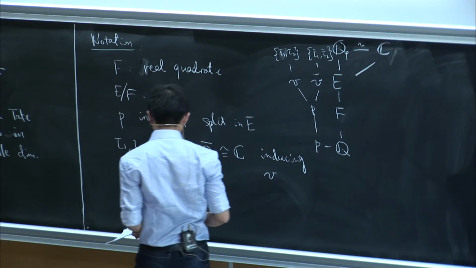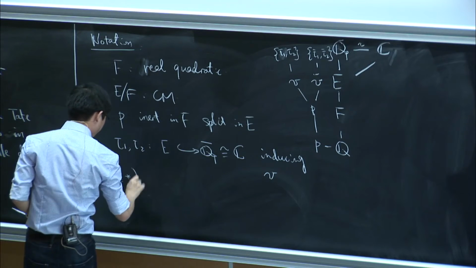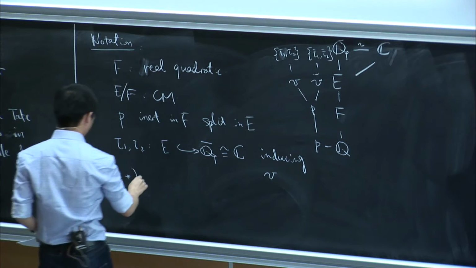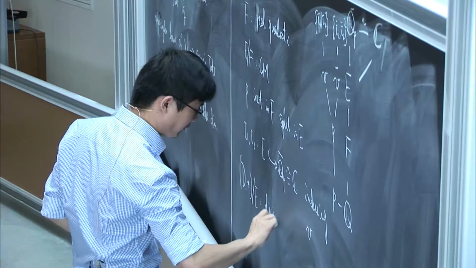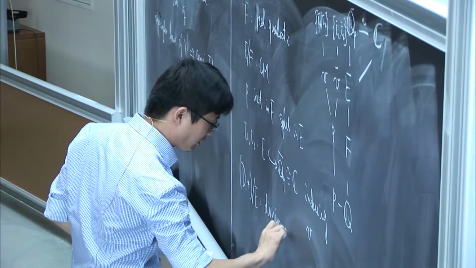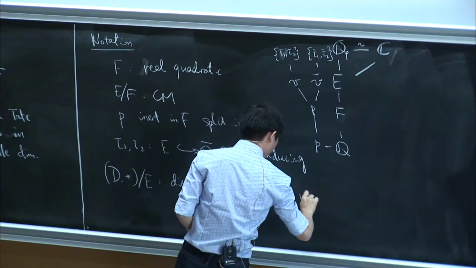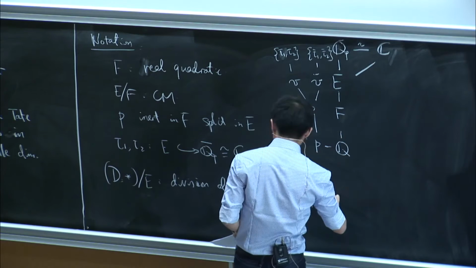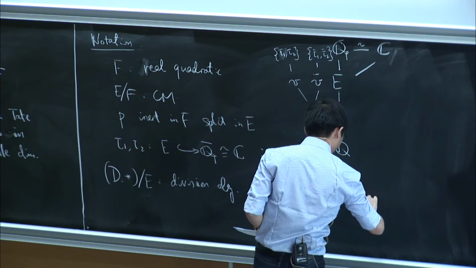And so to define my Shimura variety, I need a division algebra D of dimension n squared plus a positive involution.